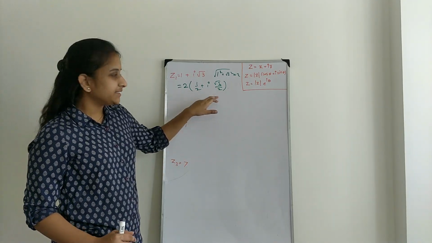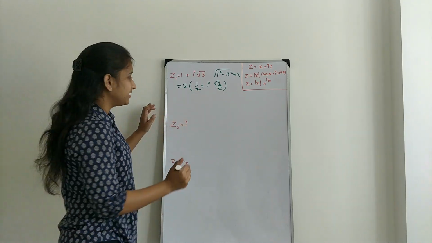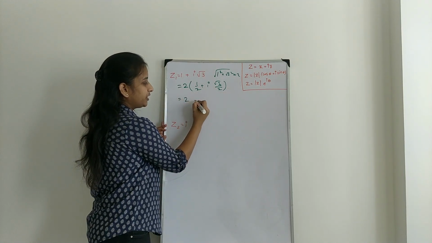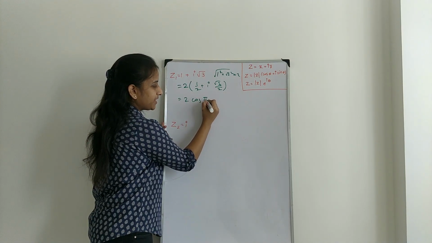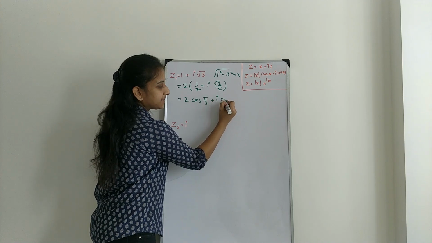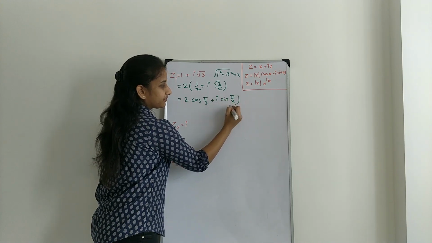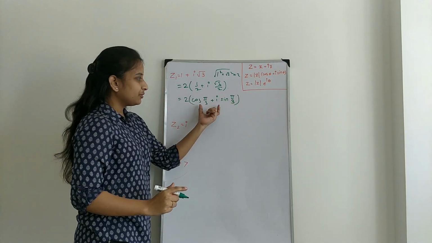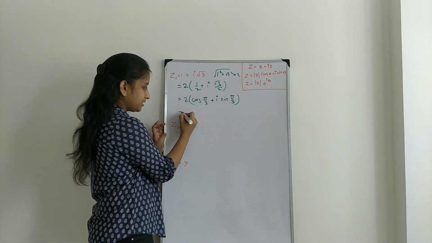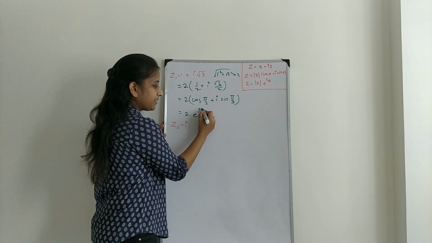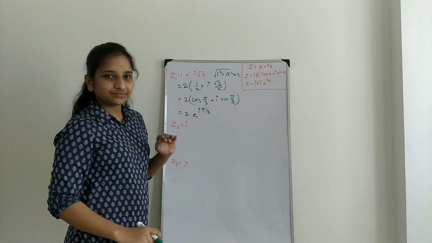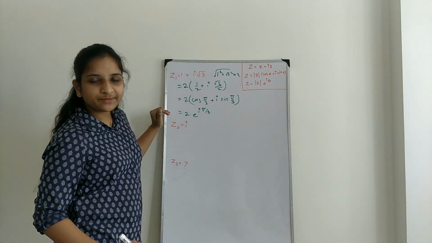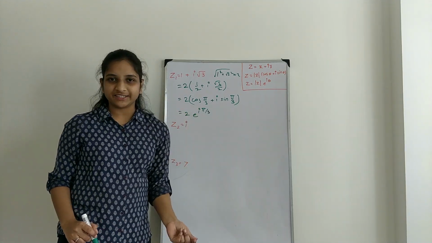This is cos 60, sine 60. Fine, 2 into cos pi by 3 plus i sine pi by 3. Now Euler's form: 2 into e power i pi by 3. Easy, right? If you follow the steps, you will get Euler's form very easily.